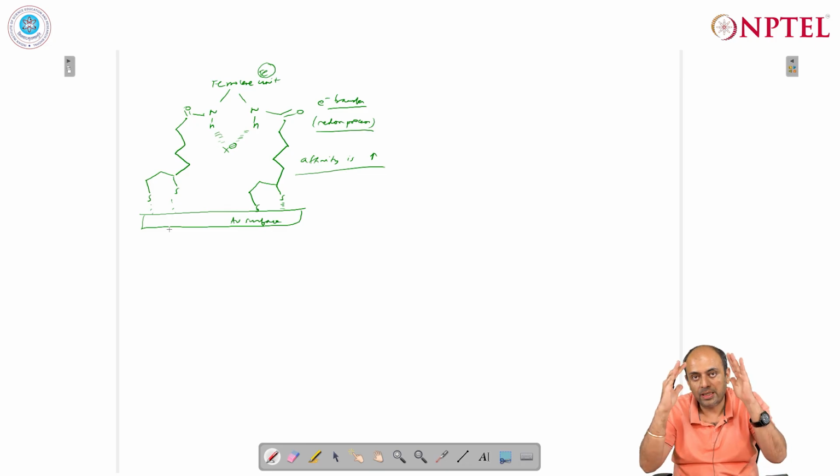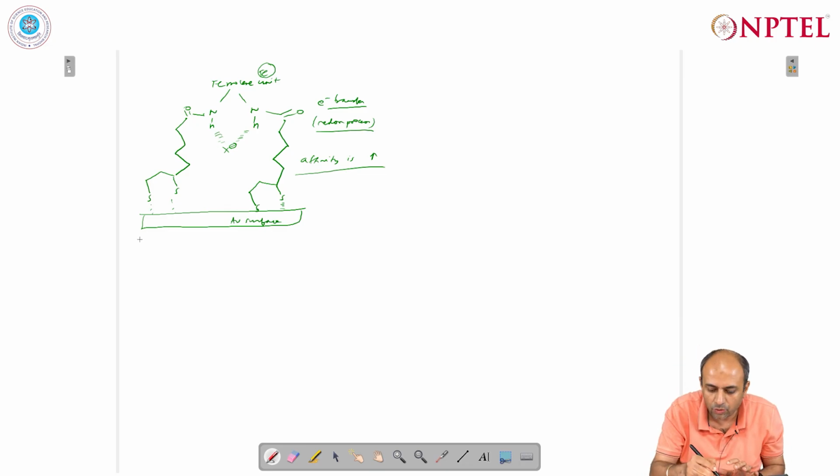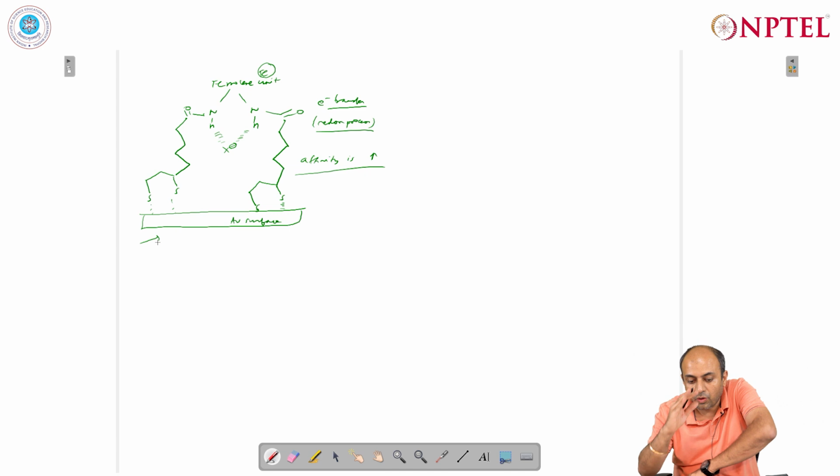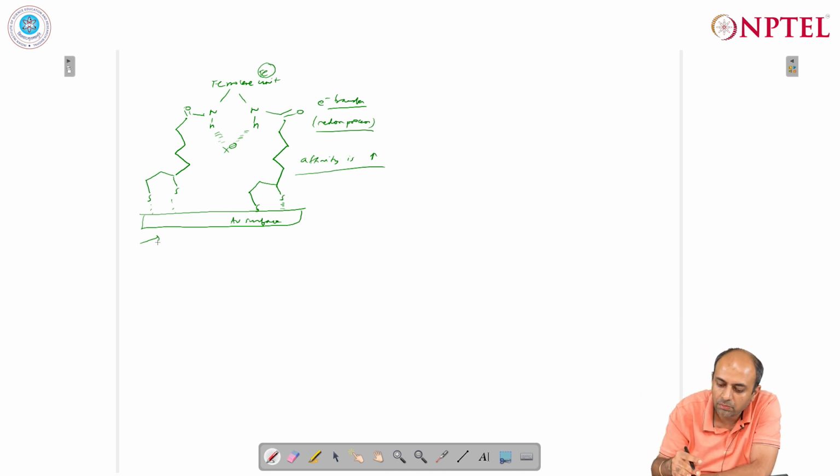But now when you have assembled this particular unit on this gold surface, then this ordering of the ligand leads to enhanced anion binding efficiency by several orders of magnitude in comparison to those receptors when you do not have the gold surface. And now you can study the redox process, which will be different in the presence of anions compared to the case when you do not have the anions.